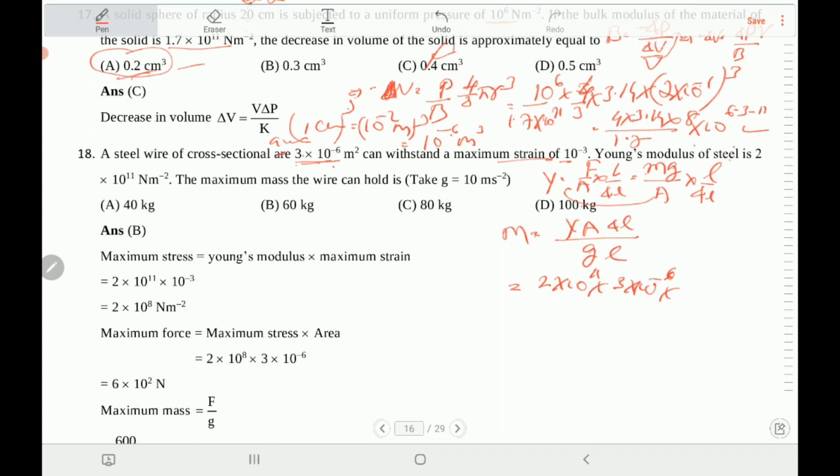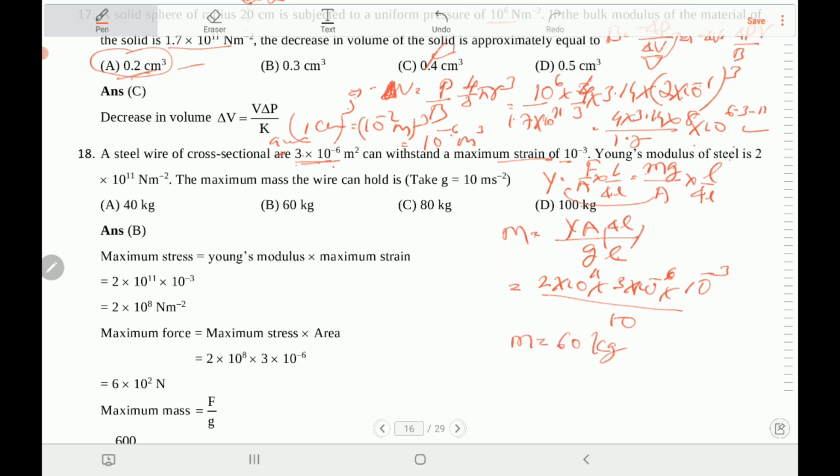He has given strain itself, that's delta L by L. Delta L by L ratio is given, 10 raised to the power minus 3. Whole divided by what is g? 10. That's it. Now if you simplify, the answer will be exactly 60 kg.